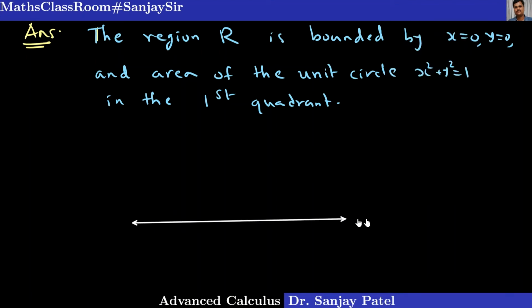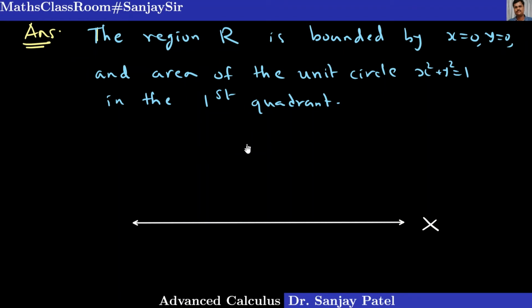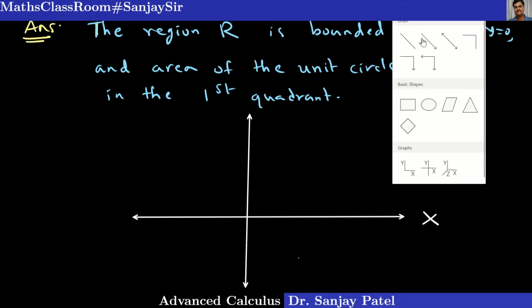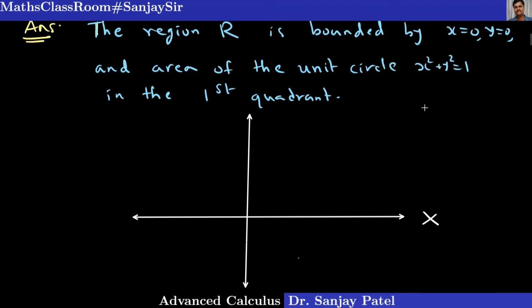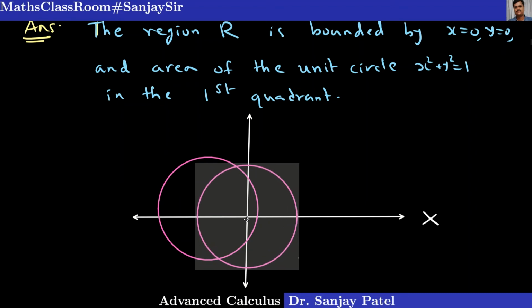So this is the x-axis, and this is the y-axis. And let us take a circle, the unit circle, in this. Let me keep it over here.